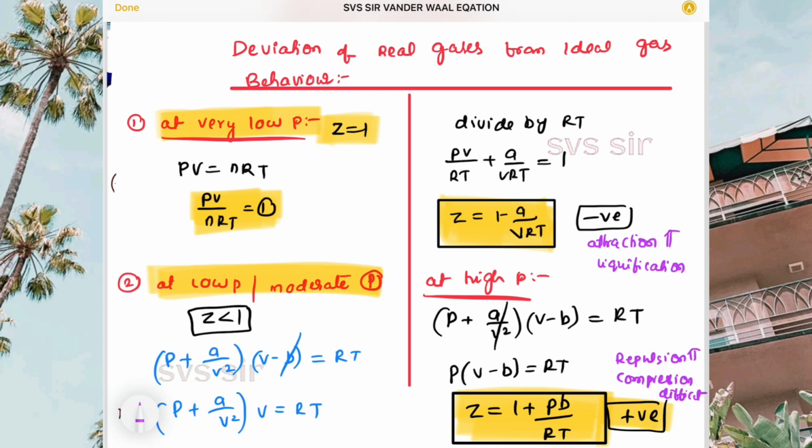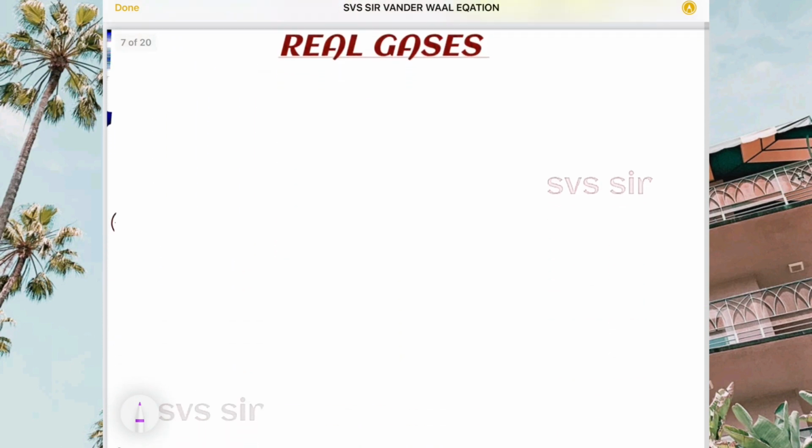At low or moderate pressure, negative deviation. At high pressure, Z equals 1 plus Pb by RT, that is positive deviation. Very important. One important point you have to remember: at high temperature and low pressure, a real gas acts like an ideal gas. This point you need to remember.